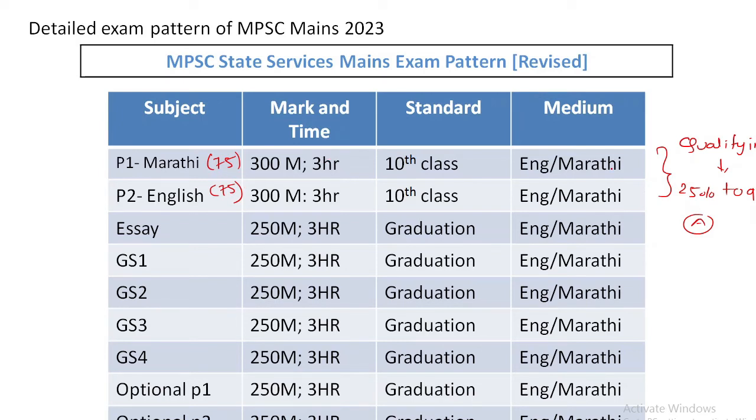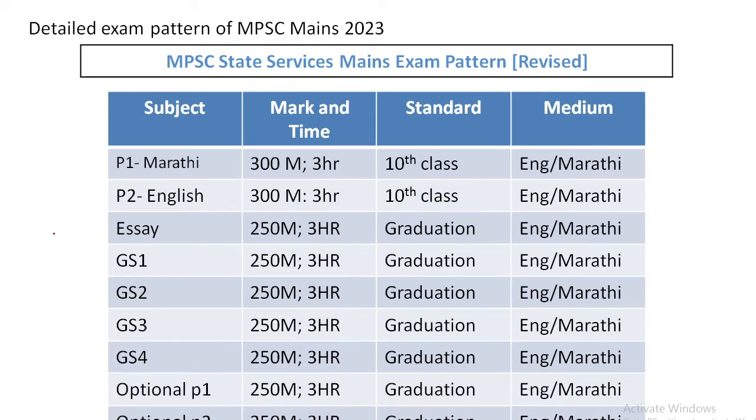So how does it impact his score? If A doesn't get 75 marks in Marathi or English, the next papers, essay, GS1, GS2, GS3, GS4, are not going to be checked. So both of these papers are also important, but not like that. Paper 1 and paper 2 are only qualifying in nature. Okay, I hope you understand.